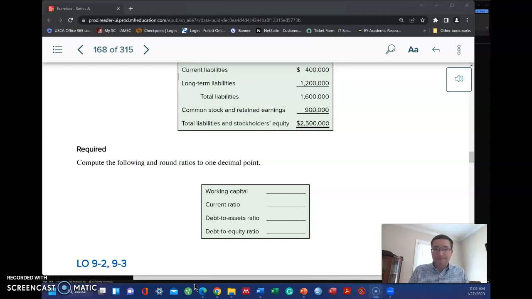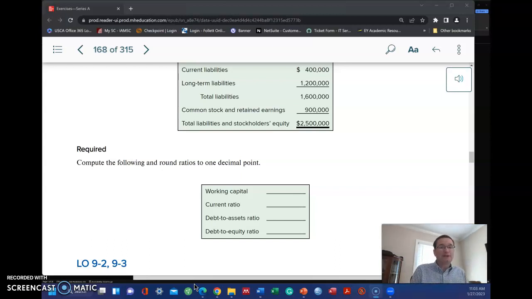Pretty cool, huh? Well, same thing for equity. So we're buying assets. Are we using equity to pay for it? Debt to equity, debt to assets. Are we using debt to pay for our assets? It gives us a good idea how we're paying for our assets.